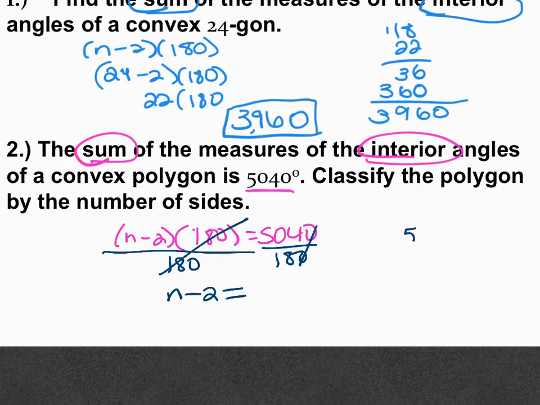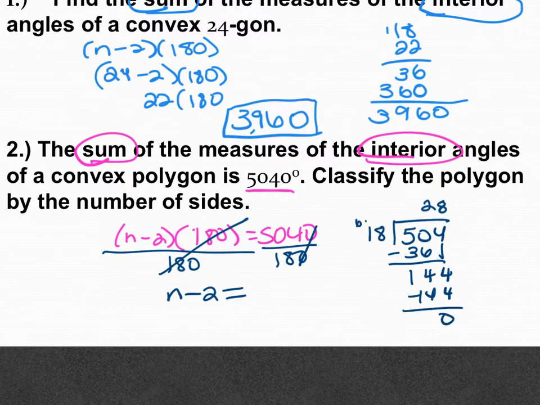These cancel, and then this is 28. So n is 30.